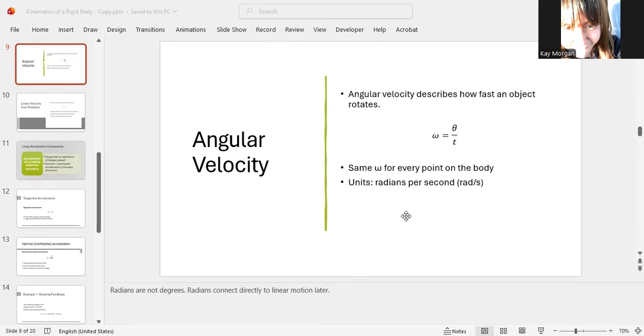I hope you get it. You really have to get it. So we use radians instead of degrees, and remember that, because radians can directly relate to the linear motion. For now, just think of angular velocity as a rotation version of the linear velocity.